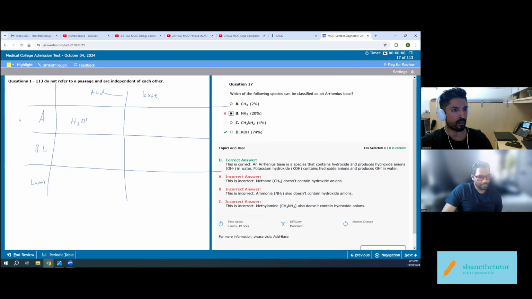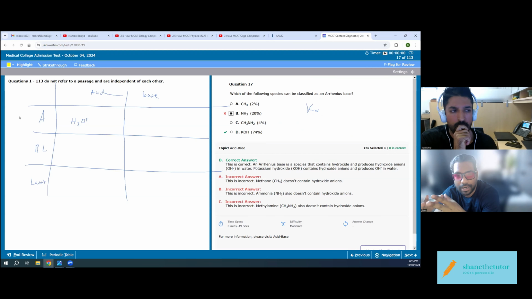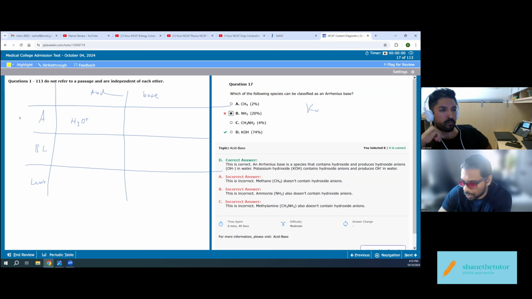Is that something specific to Arrhenius? Good point. So remember how I mentioned previously the Kw? Interestingly enough, in middle school or elementary school, we learn about acids and bases on a pH scale of 1 to 14, right? But where does that come from?